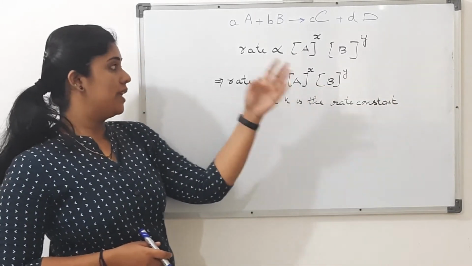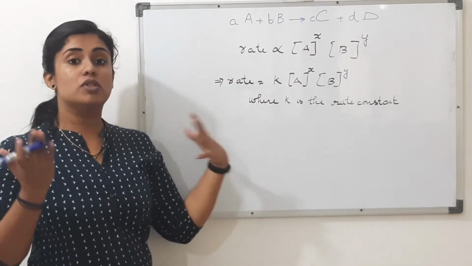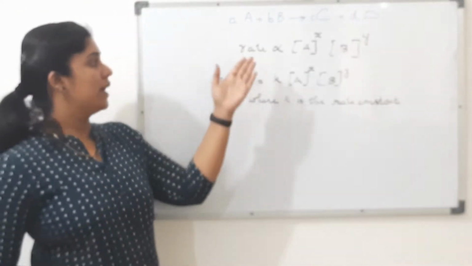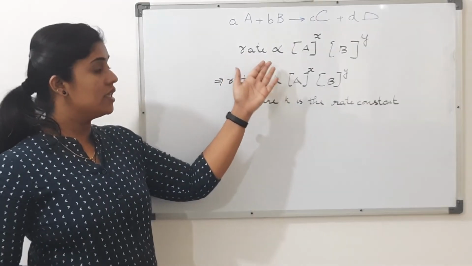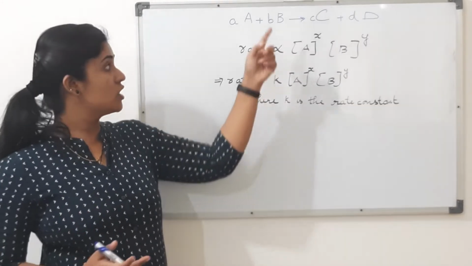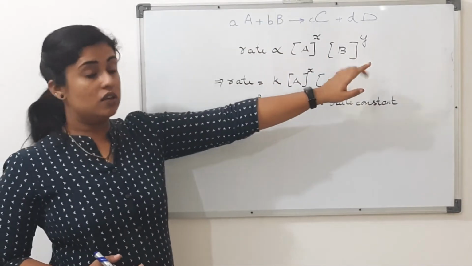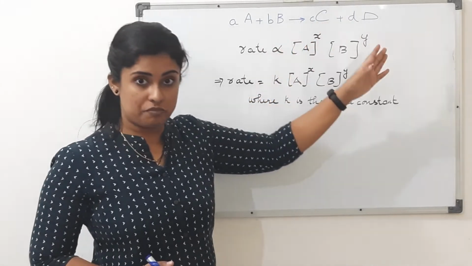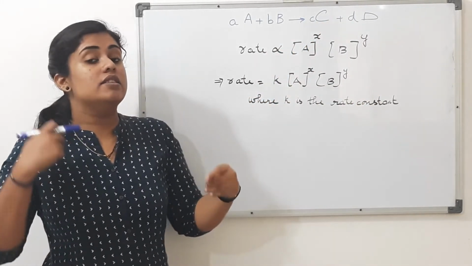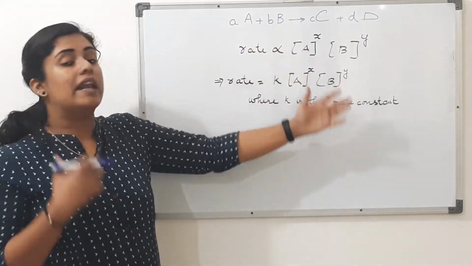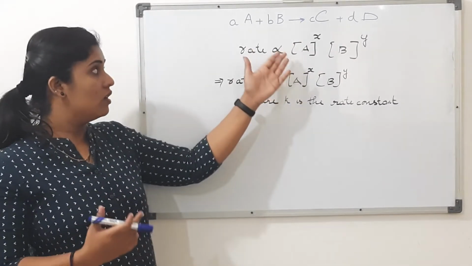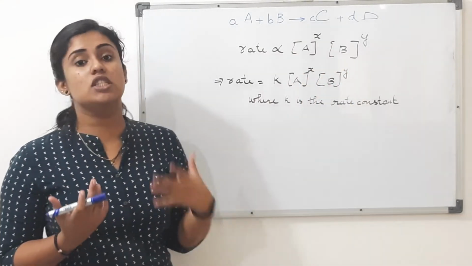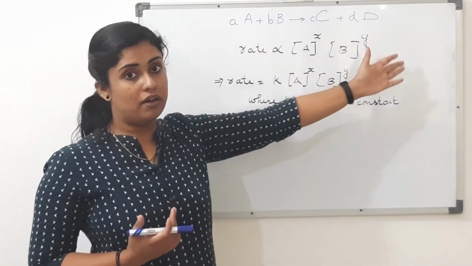We saw that the rate depends on the concentration of the reactants. So I can say that the rate of the reaction is proportional to the concentration of A and the concentration of B, each raised to some power: concentration of A raised to some power x and concentration of B raised to some power y.